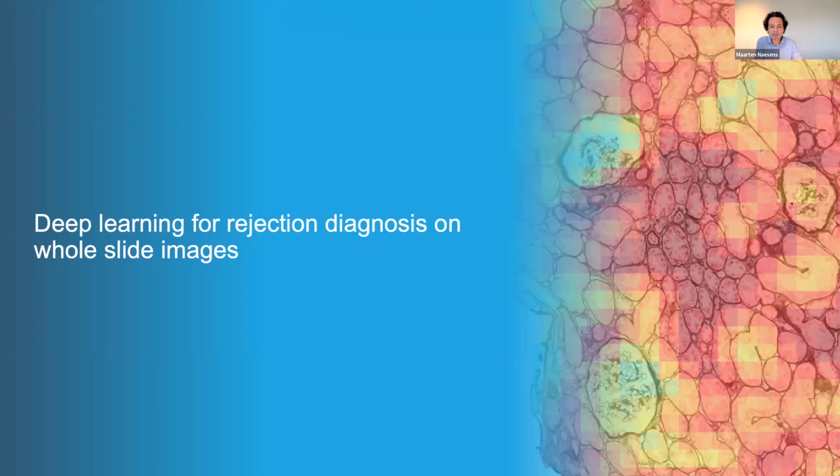I do not have too much time, but I would like to go to the second topic of this presentation, where I would like to illustrate how we can use deep learning of kidney transplant whole slide images for diagnosis and reclassification of kidney transplant rejection.